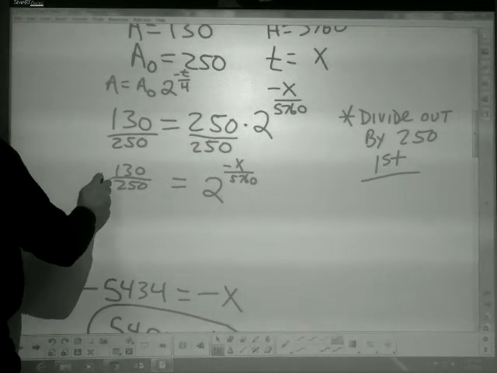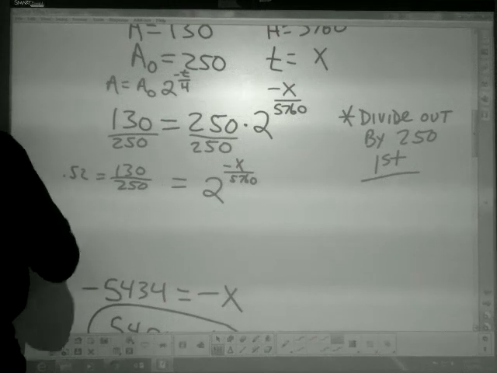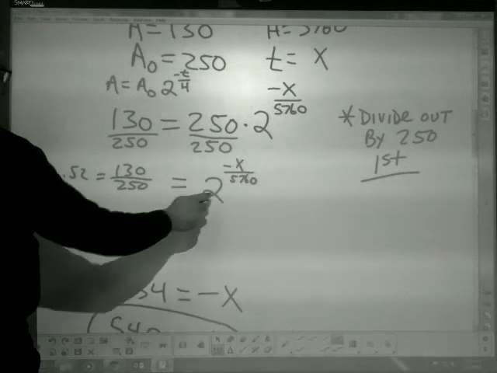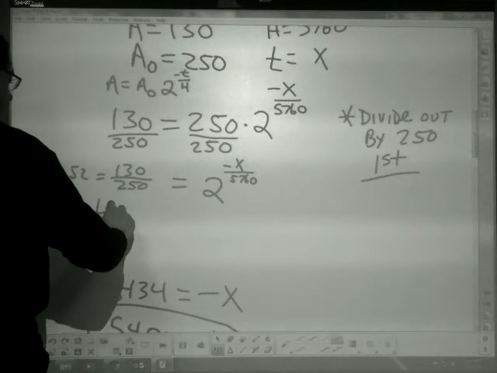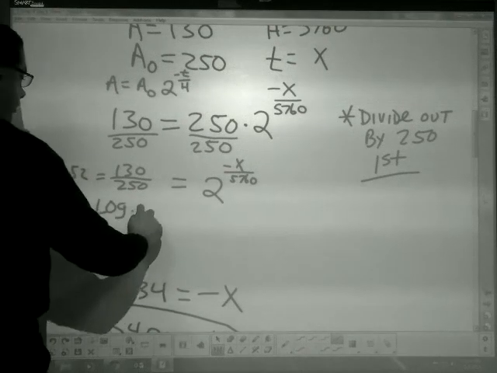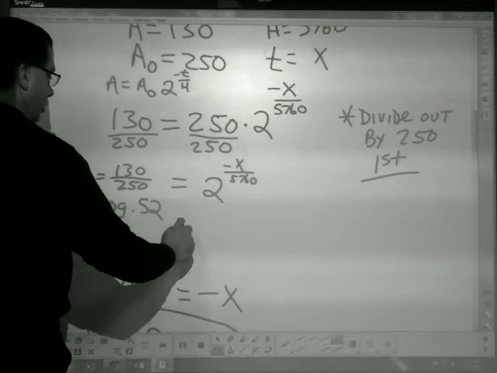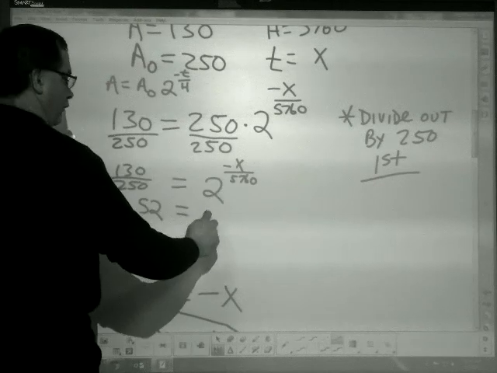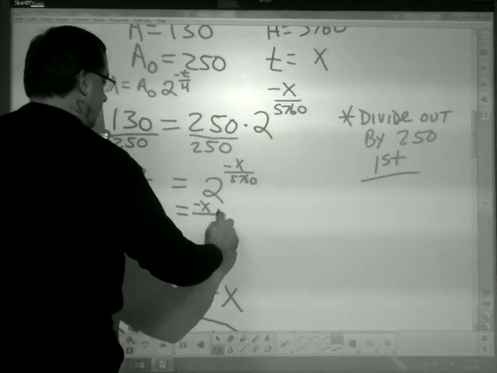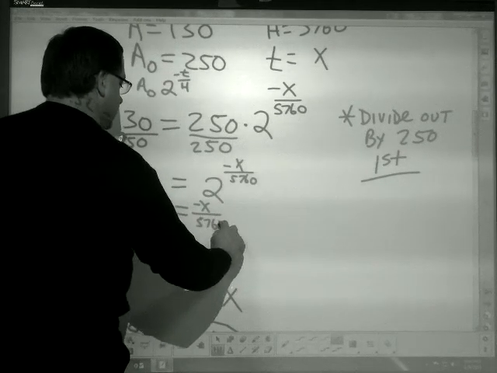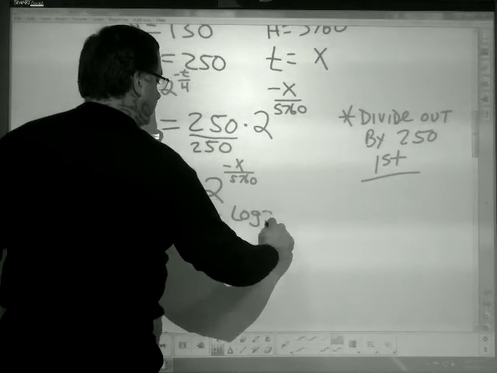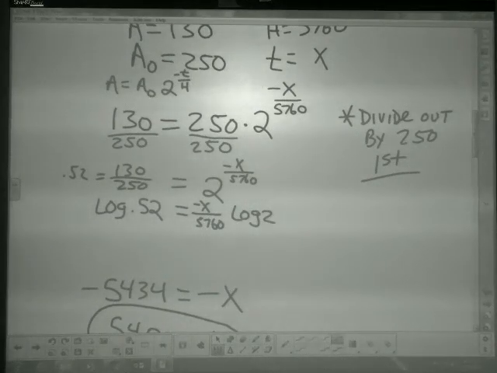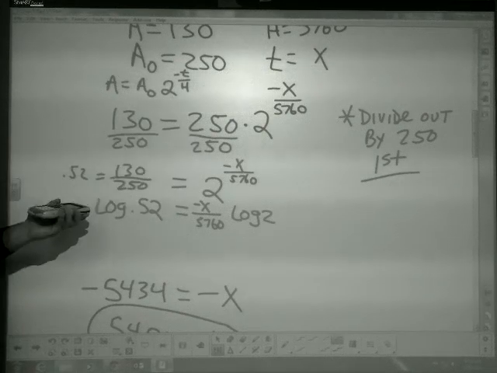So this is really equal to 0.52. I have taken the log of both sides. The log of 0.52 equals, this comes out front, negative x over 5,760 log of 2.